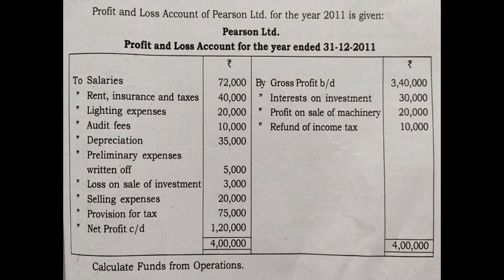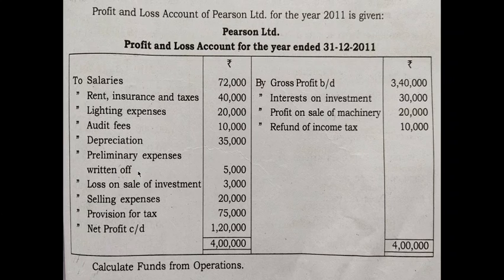In the absence of a profit and loss account only, you prepare non-current accounts. I have told earlier that instead of a profit and loss account, you will be given two balance sheets, that is, the opening balance and closing balance of a particular item. In that case only, you have to prepare non-current accounts. Whenever a profit and loss account is given, you need not prepare a non-current account.